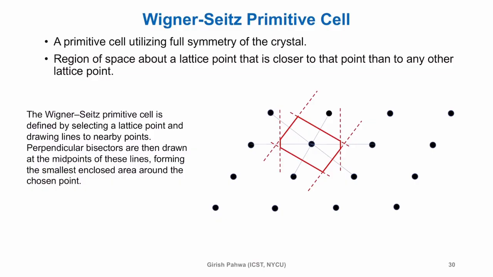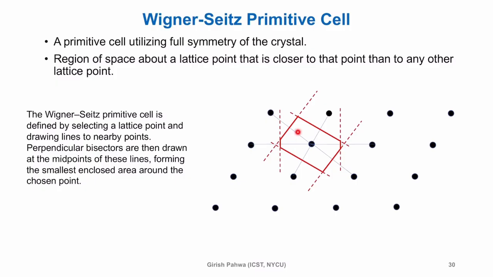One. Just one, about which you have drawn it. I could have drawn the same thing about this. You can keep repeating it. Because it's a perpendicular bisector, they will be non-overlapping.